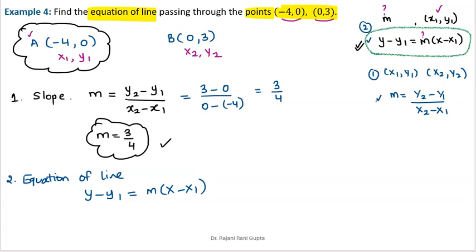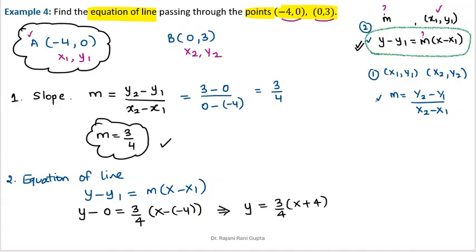So keeping y same, y minus y1 is 0 equal m is 3 over 4 times x minus x1, which is minus 4. This gives you y equal 3 over 4 times x plus 4.